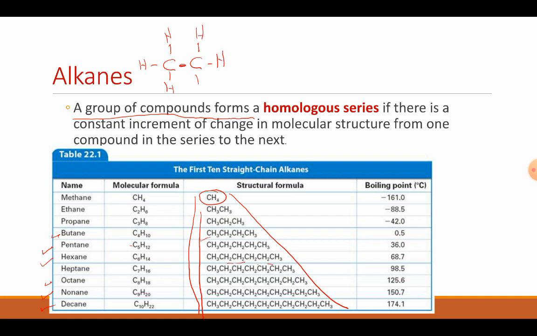So CH3 and CH3, and this is ethane. The ethane, CH3, CH3, C2H6, right? Okay.